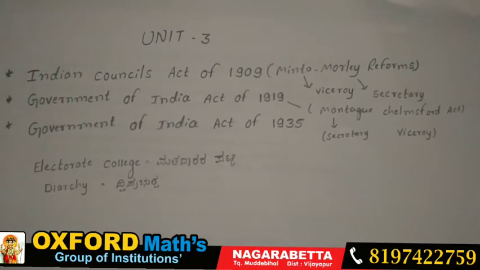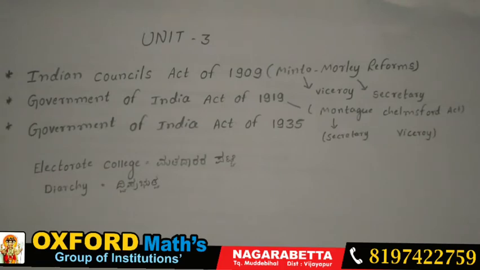Next, another important act which was introduced in 1919 is called the Government of India Act. During this time, the First World War had already taken place. Due to that, to look after the administration in India, Lord Montagu became the Secretary of State and Chelmsford became the Viceroy. That is why this act is popularly known as the Montagu-Chelmsford Reform Act.